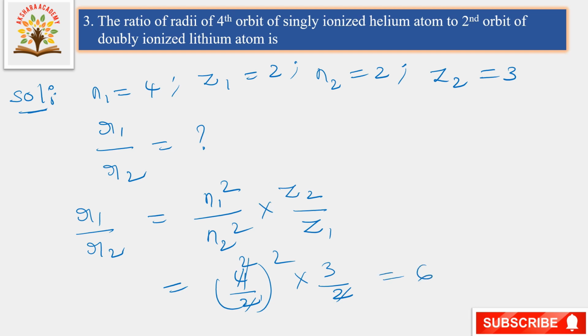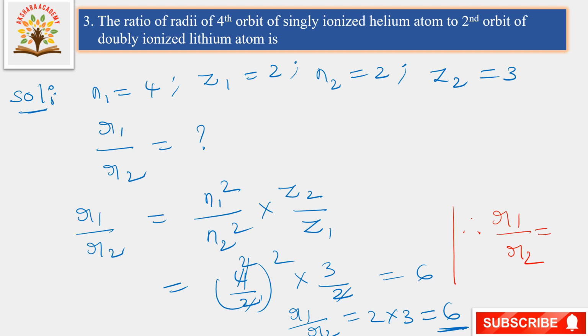So R1 by R2 is equal to 2 into 3, that is equal to 6. Okay, 6 by 1, or 6.